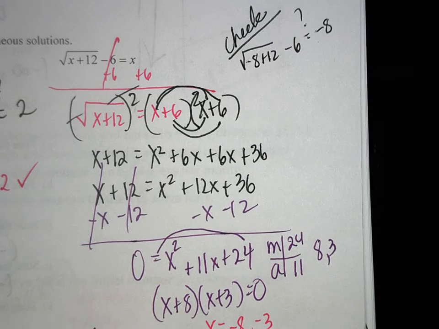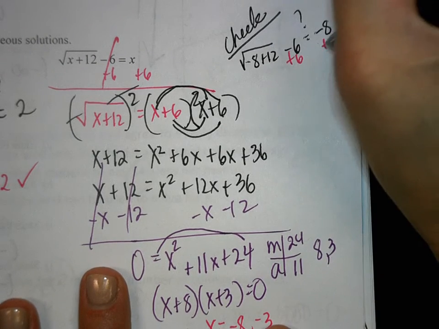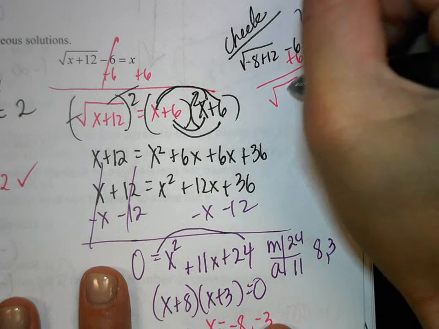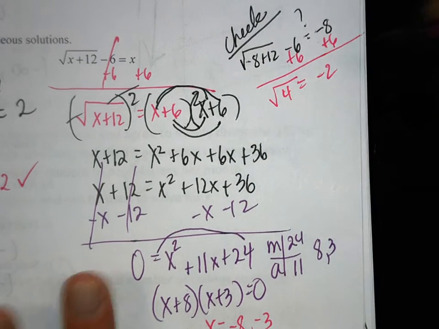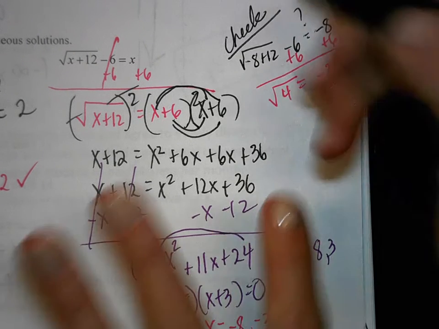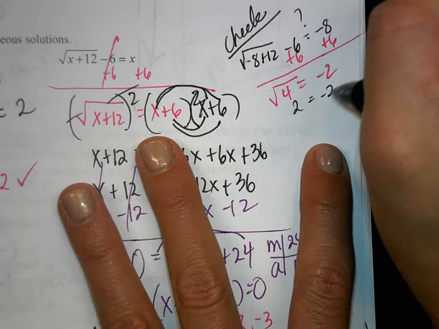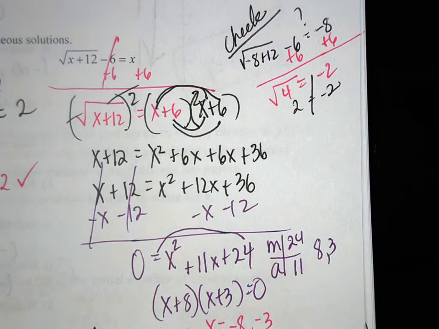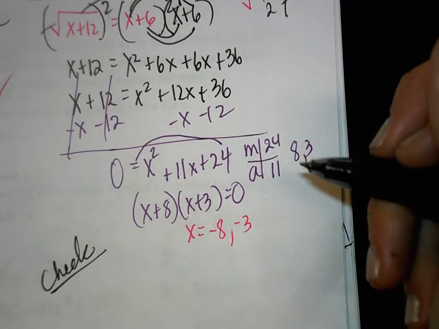Now, if we're trying to get our root by itself, what would I do here? Add 6 to both sides. So I have the square root of 4 equals -2. Is that going to make a true statement? No. Right? Because this will make 2 equals -2, which it does not equal that. So will -8 work? No.